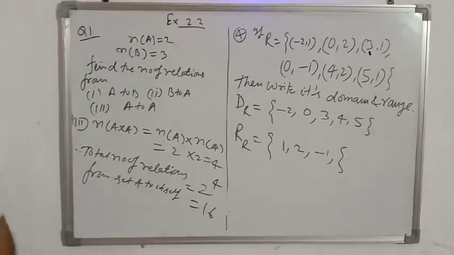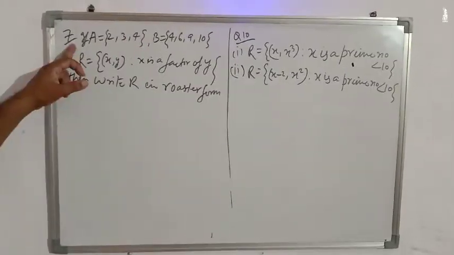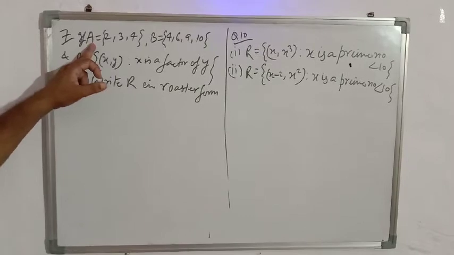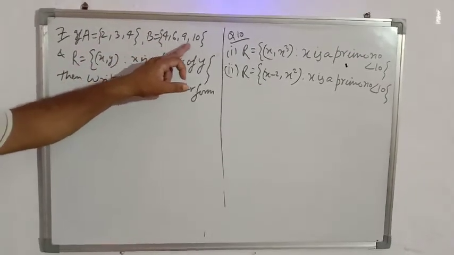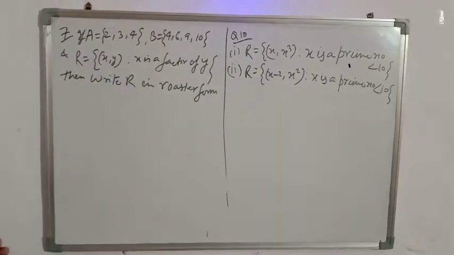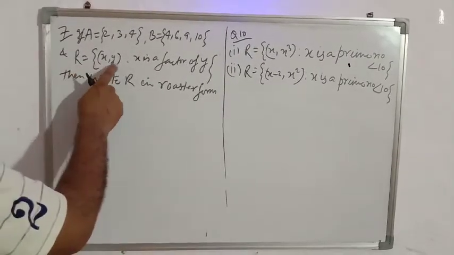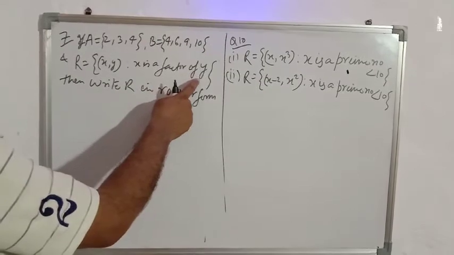Let us see some more problems. Question number 7. If set A contains the elements 2, 3, 4 and B contains the elements 4, 6, 9, 10. A relation R is equal to {(x, y)} such that x is a factor of y.